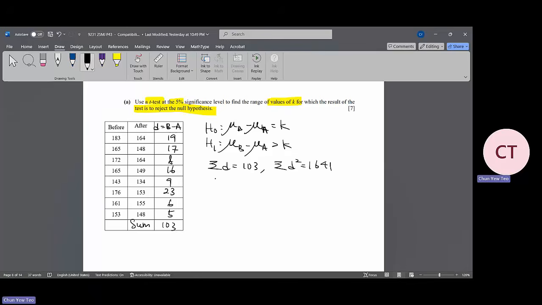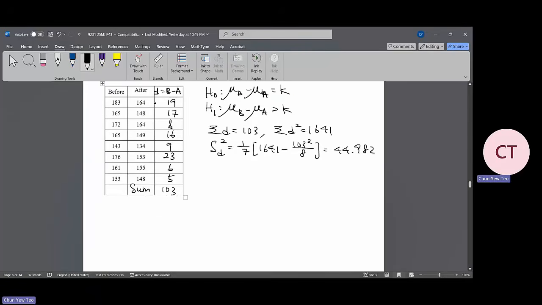I need to find the unbiased estimate of the population variance of D, which is 1 over 7 times 641 minus 103 squared divided by 8. Press the calculator, you get 44.982. These are the things that we need.